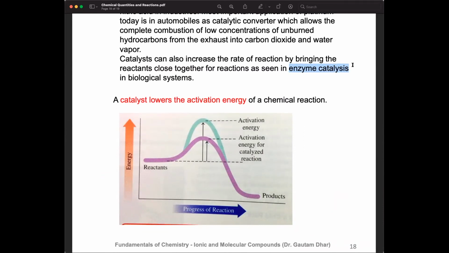But our body does that at our body temperature, which is 37 degrees centigrade. And how? By using enzymes. So enzymes are basically proteins which act as biological catalysts, catalyzing many different reactions in our body. And one of them is glycolysis, the burning of glucose.